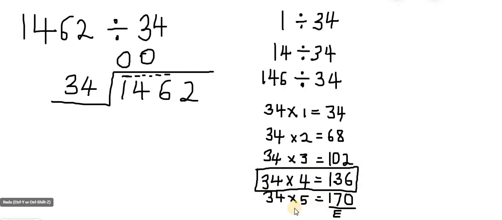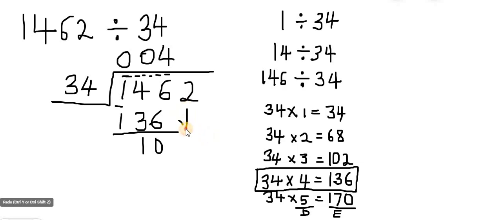Okay, so to find the number of 34s in 146, we have to go to column D. Okay, so that's 4 in here. So we take that 4, put it here, and we take the answer in column E from that line, 136, put it below, and we subtract. So that gives us 10.